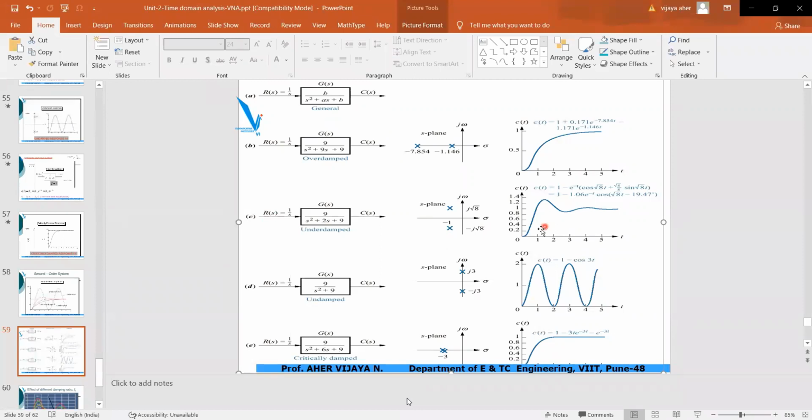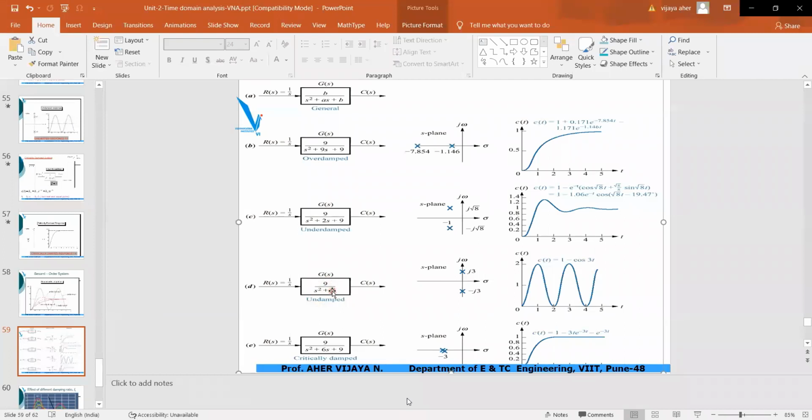And the system response is like this. You will get the equation for C of t after simplification. Please try to get it. Actually, this is nothing but the final answer for your equation.